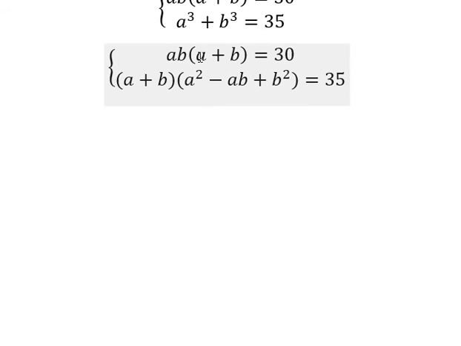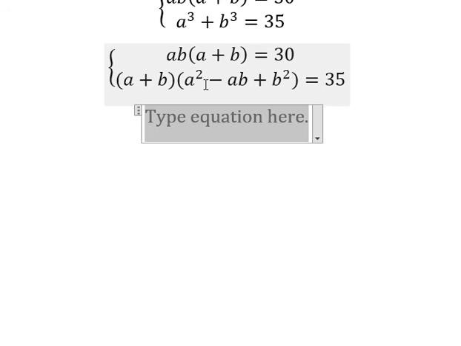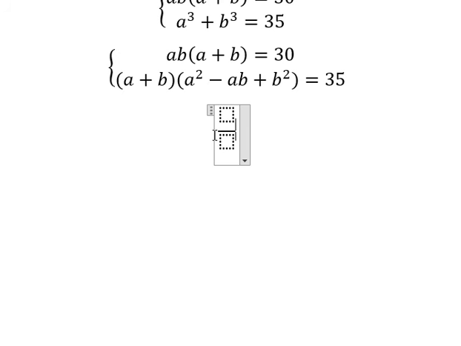So ab in this situation cannot equal 0, because if they equal 0, you get 0 and 0 in here. So that's why ab cannot equal 0. So when we divide, you get like this.